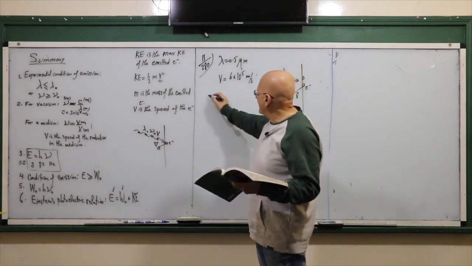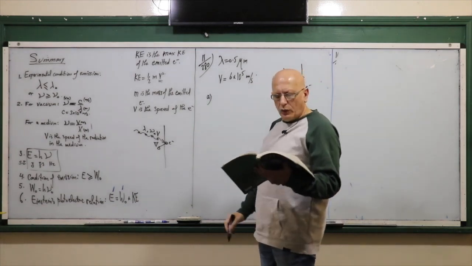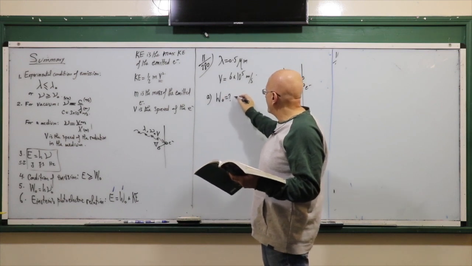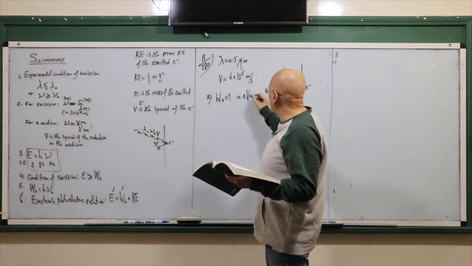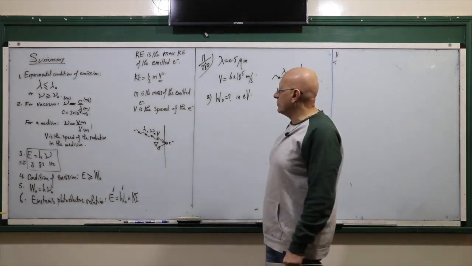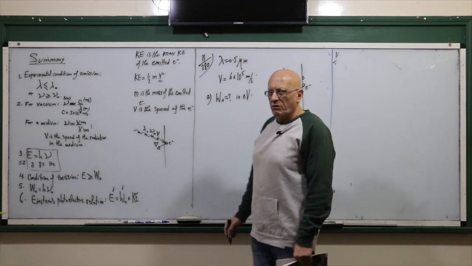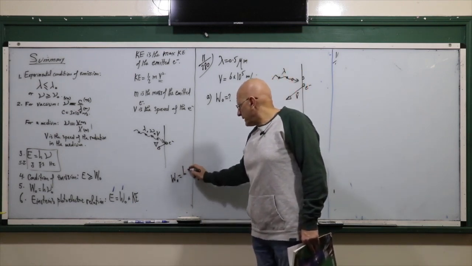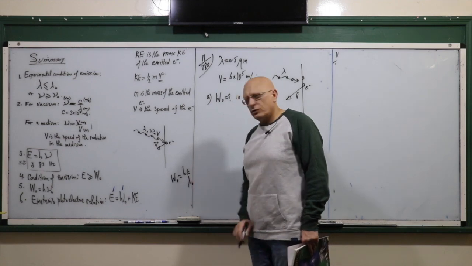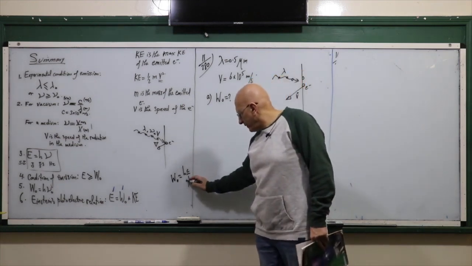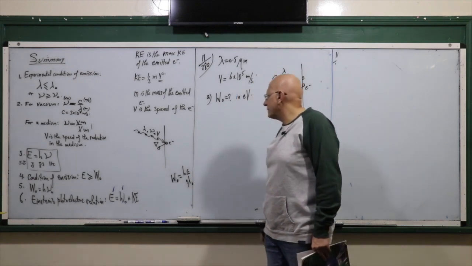Part A, calculate the work function in electron volt. So I want W naught in electron volt. Look here, I can't use this formula, hc over lambda naught, because I don't have lambda naught.